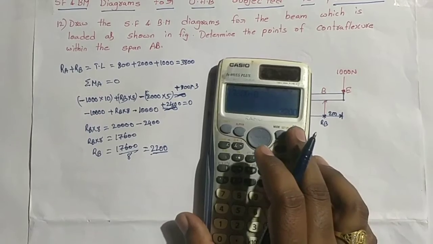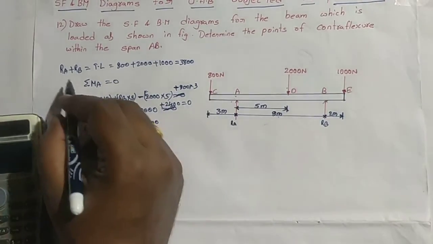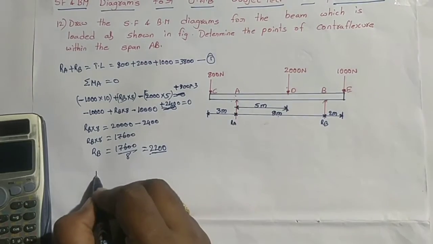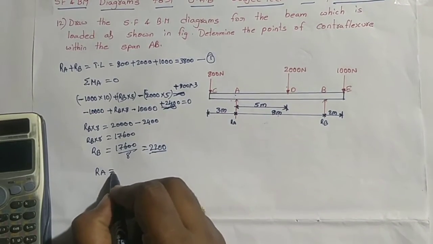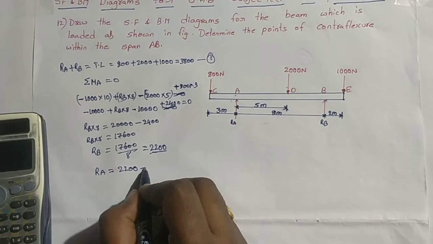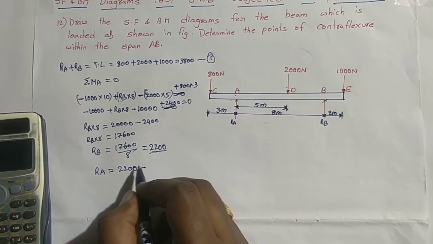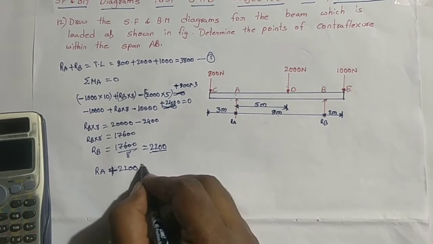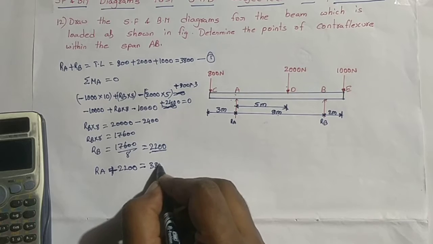Next we need to calculate RA. Substituting this RB value in equation 1, RA plus 2200 is equal to 3800.